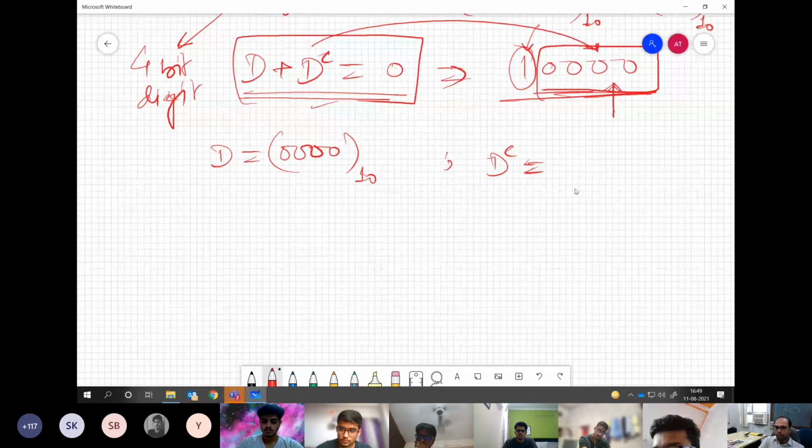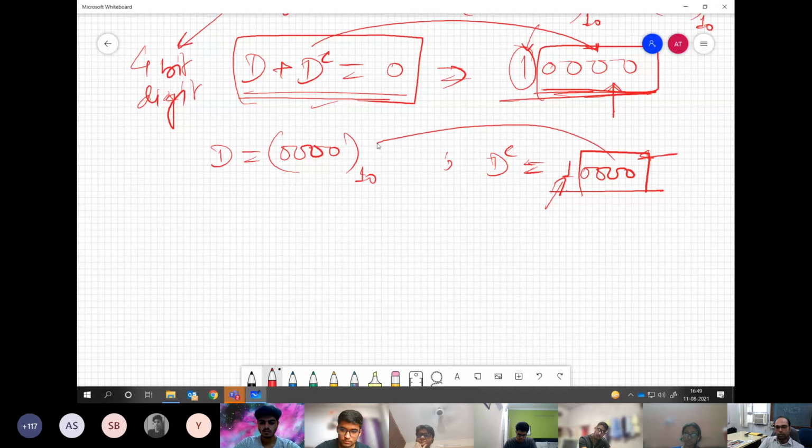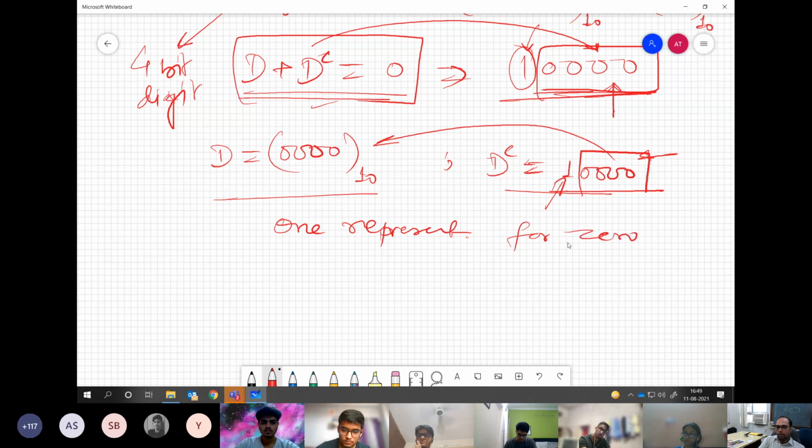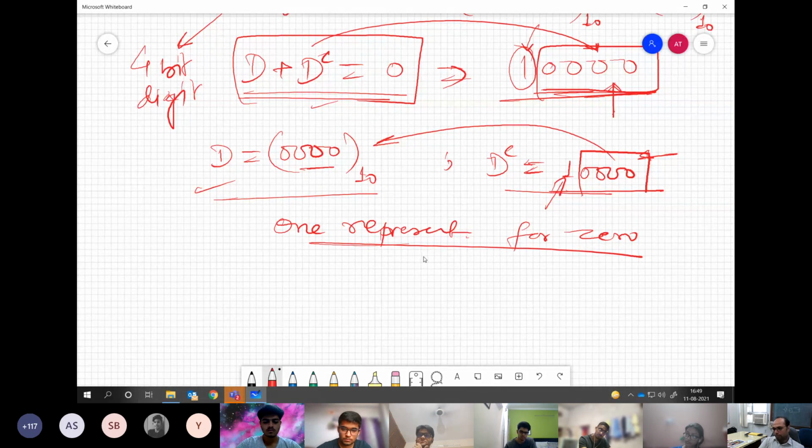Ignoring the last carry, we have again 0. So that is why in this radix complementary system, we have only one representation for 0, which is 0, 0, 0, 0. Getting my point?